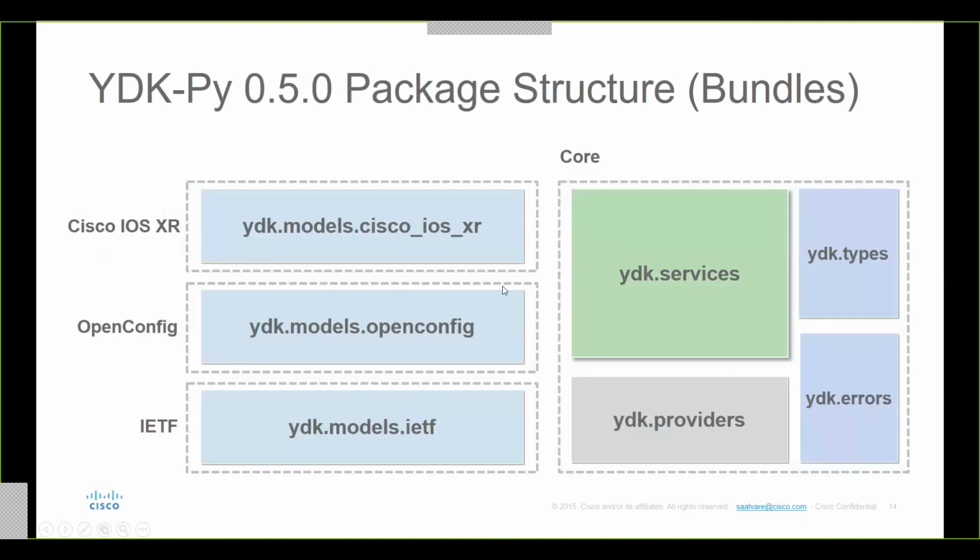The key benefit of making this modular is that it allows you to only install the models that you care about. Maybe you're managing XR boxes and you're not interested in OpenConfig, so you don't need to install that package. Or you're only interested in OpenConfig, so you only install OpenConfig. Or I want to upgrade the native models, but I don't need to update OpenConfig or IETF. You can install and upgrade each of these individually, and the packaging takes care of the dependencies between the model bundles and the core package. Okay?